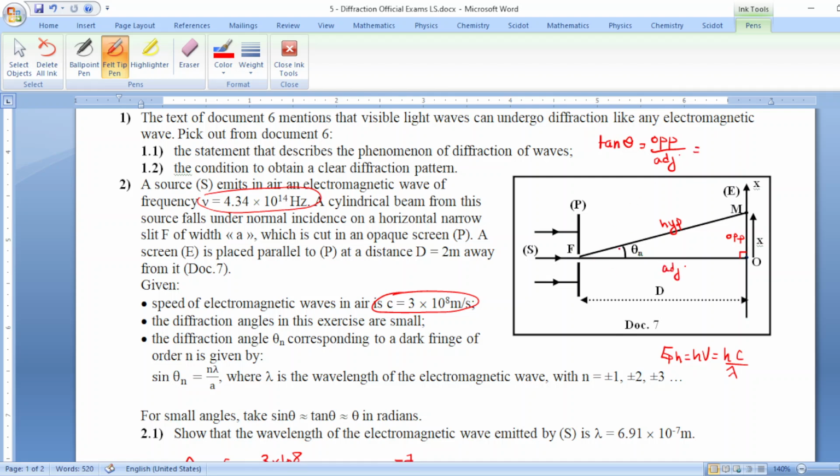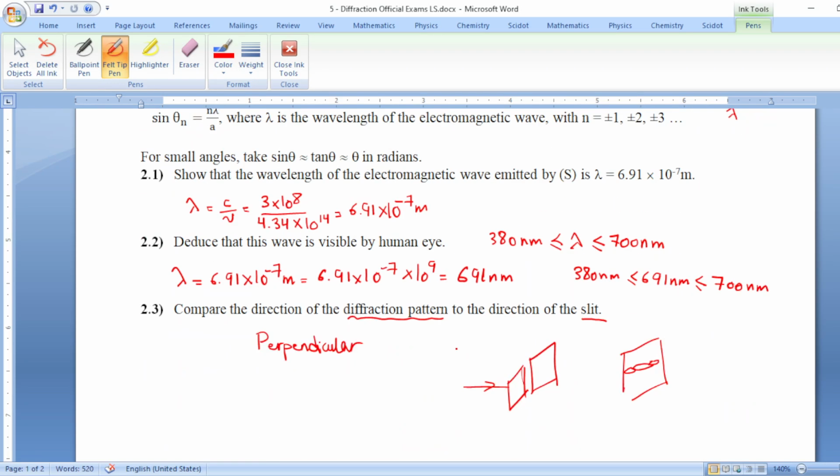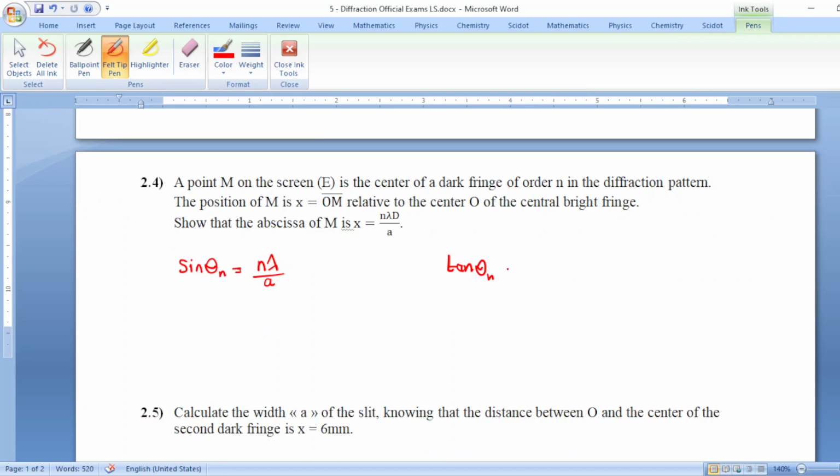Therefore tangent theta n equals OM divided by OF. It was given that OM is x and OF is D. Therefore we can write that tangent theta n equals xn divided by D. Now for the small angle approximation sin theta n approximately theta n, we get theta n equals n lambda over a.